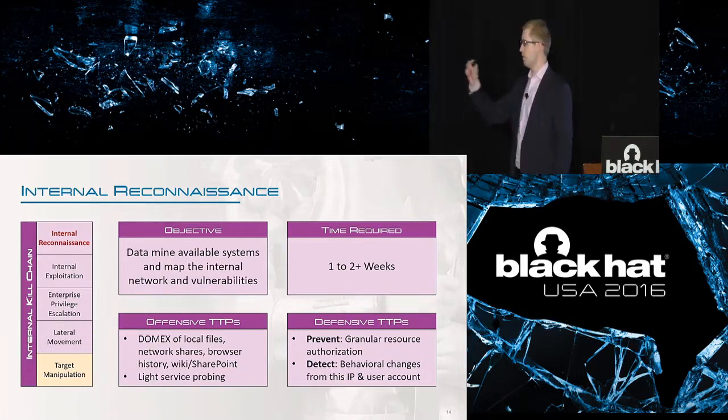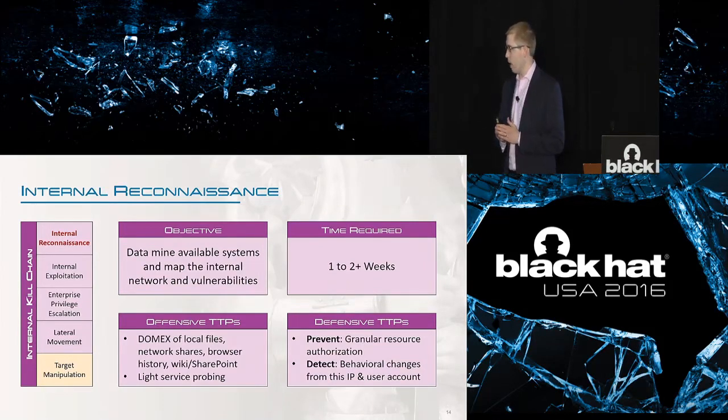We can make this more difficult as the defender through granular resource authorization. So a given user, if compromised, has a limited negative impact and amount of damage from that compromise. And we can detect this through behavioral changes.